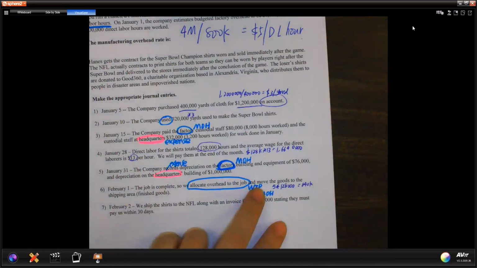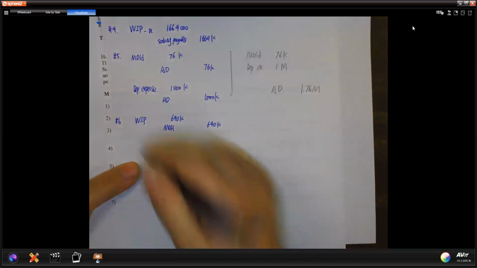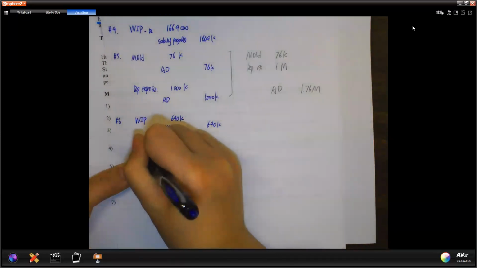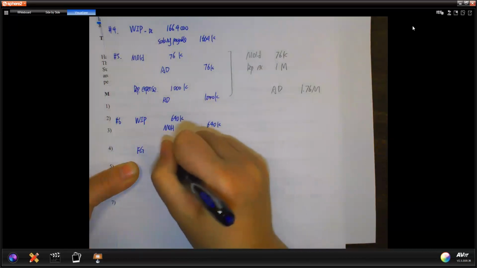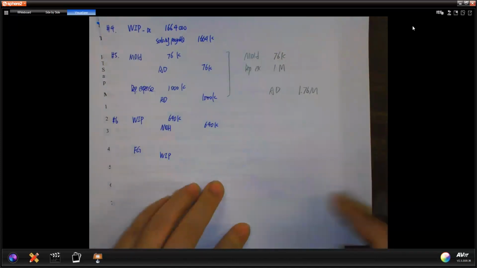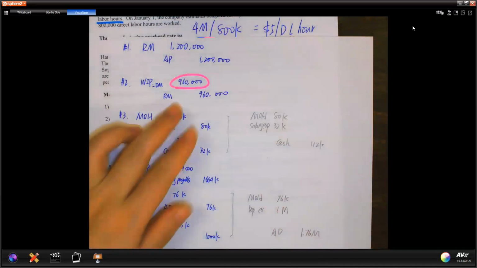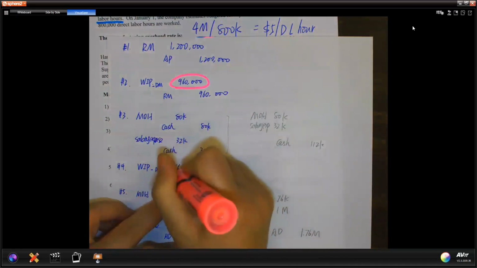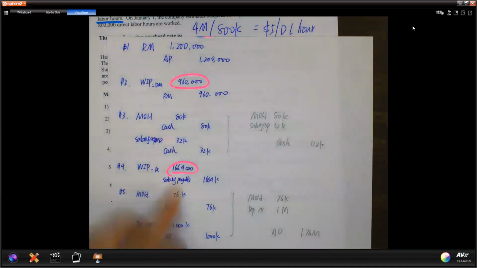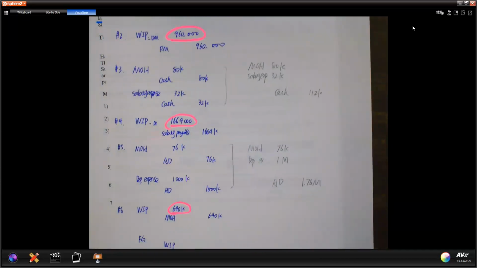Then the job is finished, so we move it to finished goods. Since it's finished, we don't have work in process. It becomes finished goods, and we take it out from work in process. How much? Remember our work in process had direct material, direct labor, and manufacturing overhead.